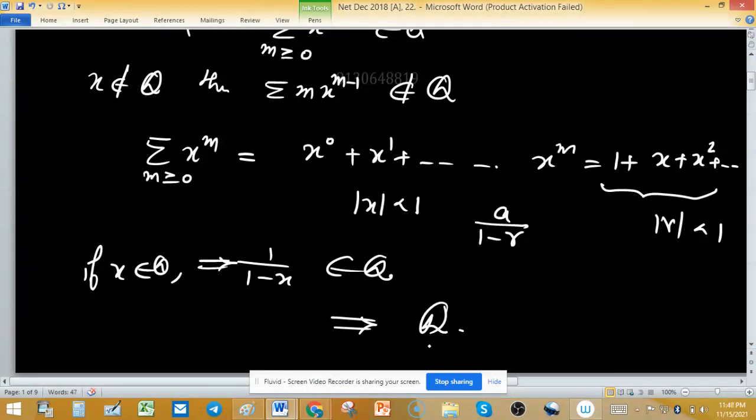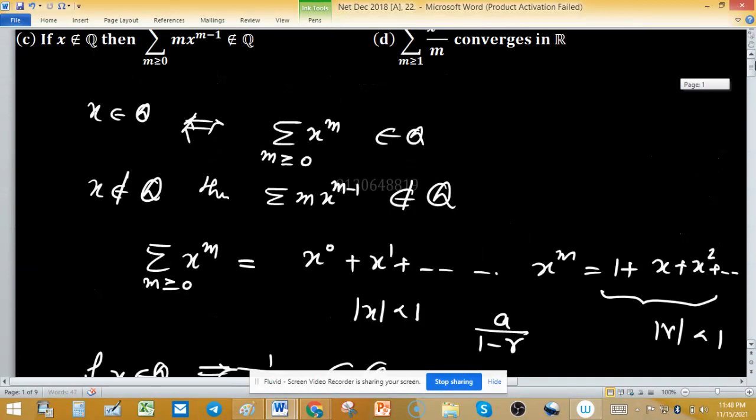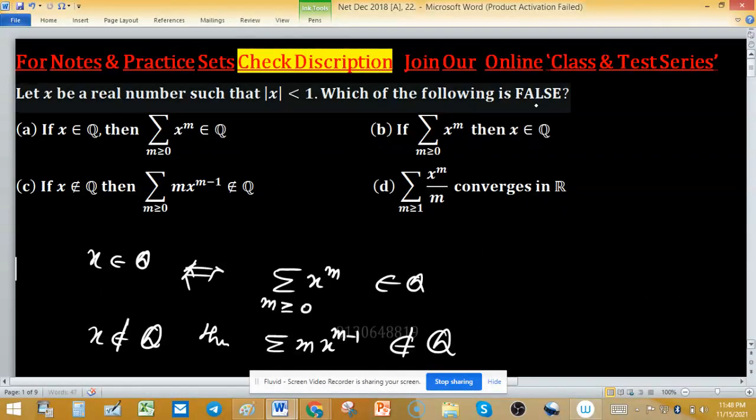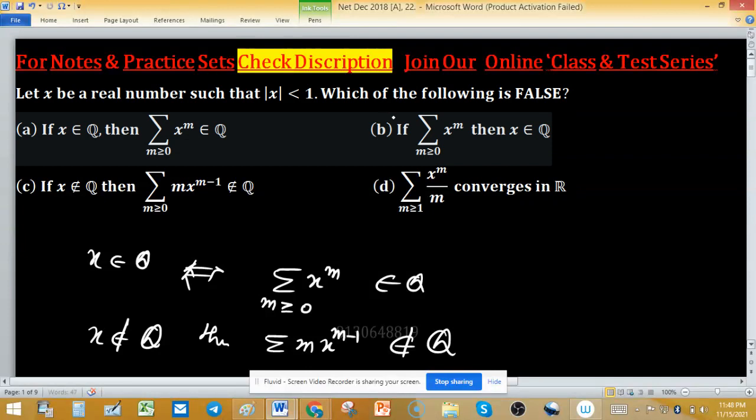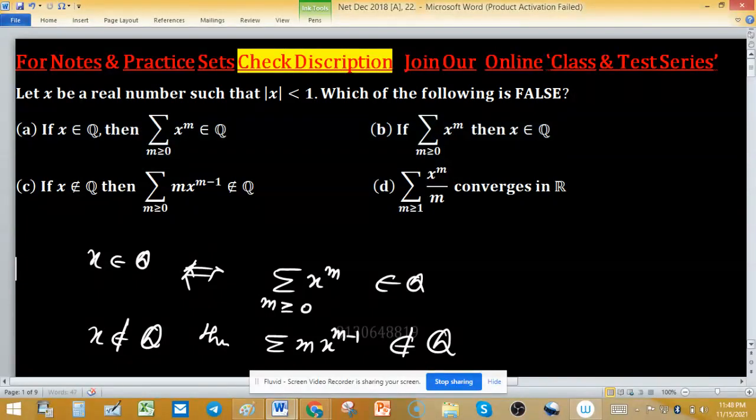If x is an irrational number, then the difference or operating with an irrational number again gives an irrational number. So if x belongs to Q, then this one is true, and if this one is true, then x belongs to Q. So options A and B are true, but we are seeking the false statement, so A and B are not the desired option. Now come to C and D.